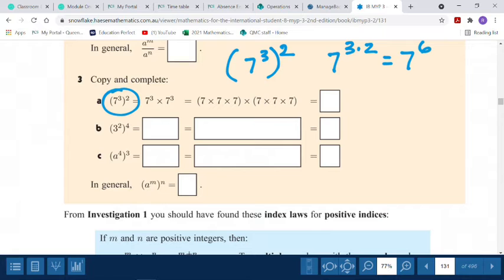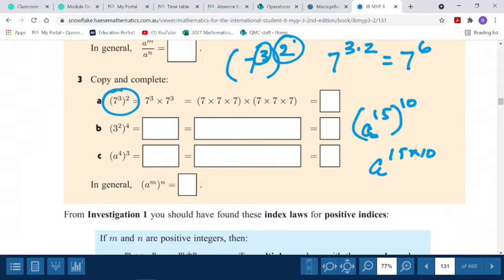Unless this number and this number are very big, like a to the 15 raised to the 10th power, that's a lot of stuff going on, right? Then multiplying the 15 times the 10 makes a lot of sense, and you get a to the 150. You wouldn't want to write that out, okay?